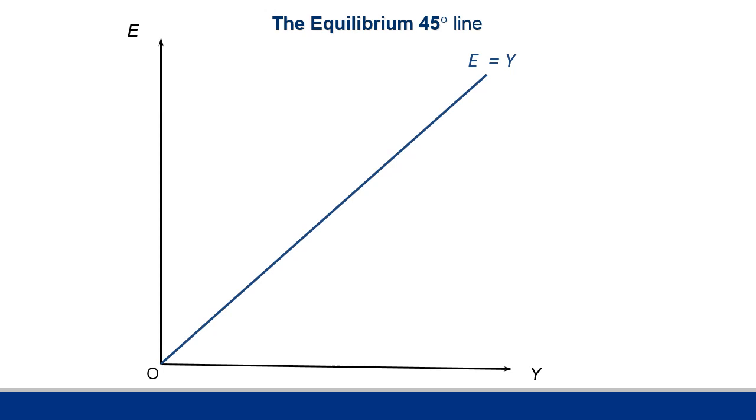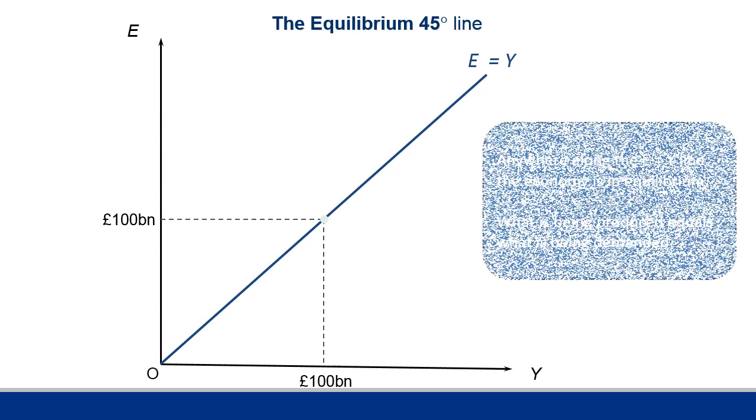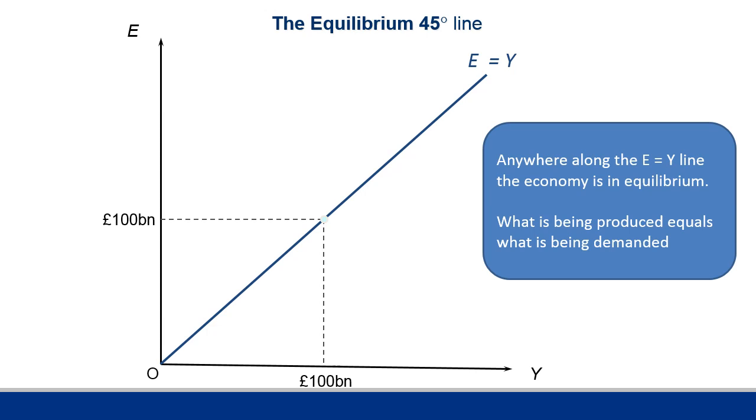When demand is equal to production, when we are in a state of equilibrium, those two are equal. We can represent this as the 45-degree line in our model. So for example, when demand is 100 billion in equilibrium, production will also be 100 billion. Anywhere along the E equals Y line, we are in equilibrium.